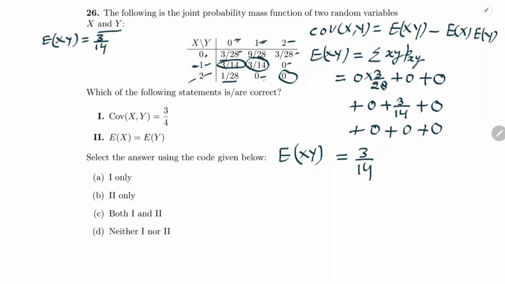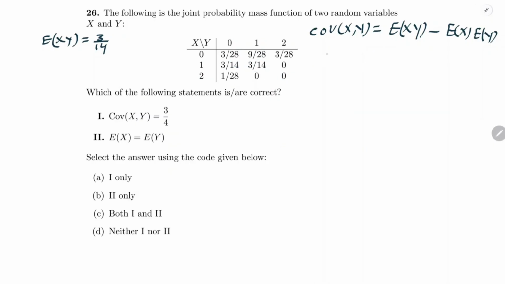Now let us calculate the individual expectations of x and y. We know that x is taking three values 0, 1 and 2. Now we need to know the probability of x. To calculate the marginal probability of x, we need to take sum of probabilities corresponding to values 0, 1 and 2.